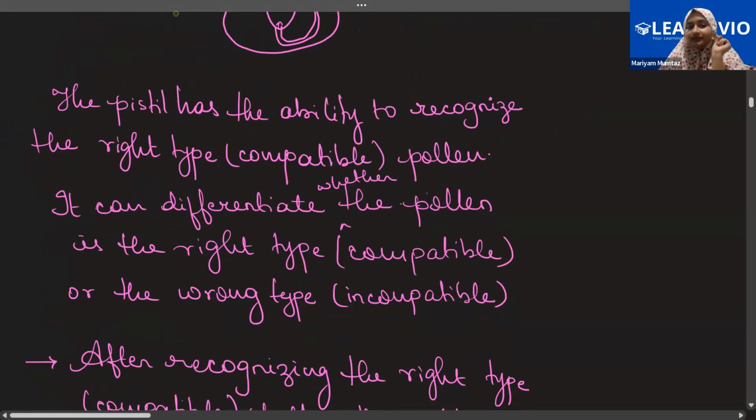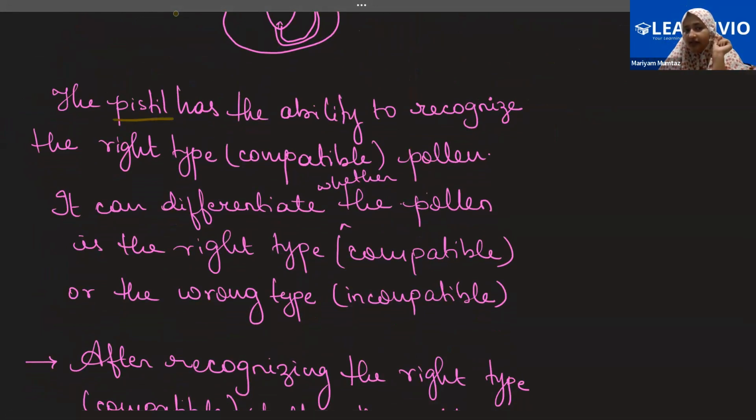but before that, the pistil, which is the female reproductive unit, has the ability to recognize the right type, which is the compatible pollen. The plants present in the wild are not protected in nature, so they have their own mechanism.